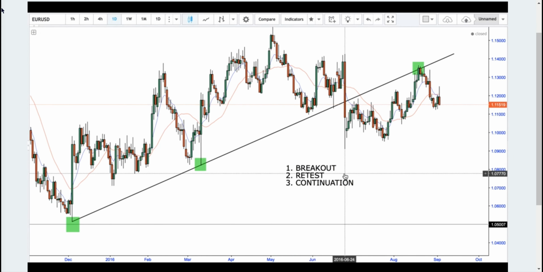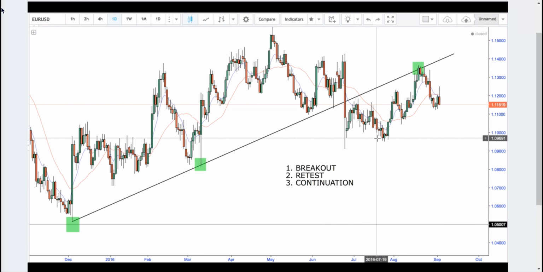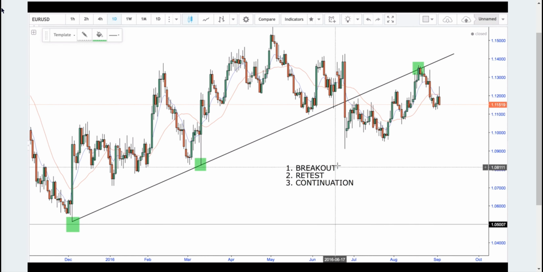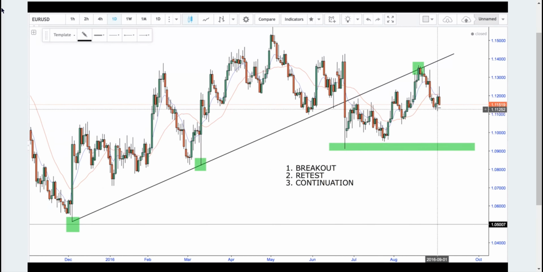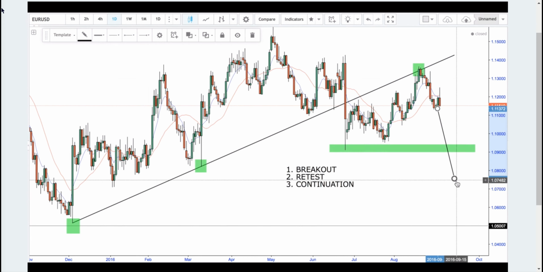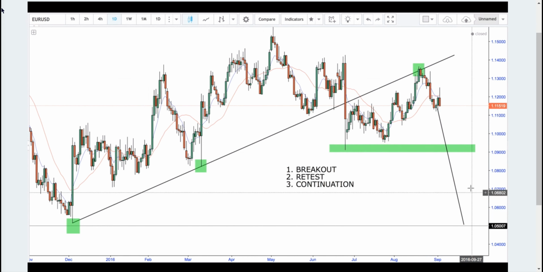This will happen on 90% of the breakouts that will occur. The market will pull straight through it, retest it, and then continue. The continuation only occurs when the initial low of the breakout, the initial lows, have been taken out. That is what you call the continuation, and this is what a conservative trader would wait for.